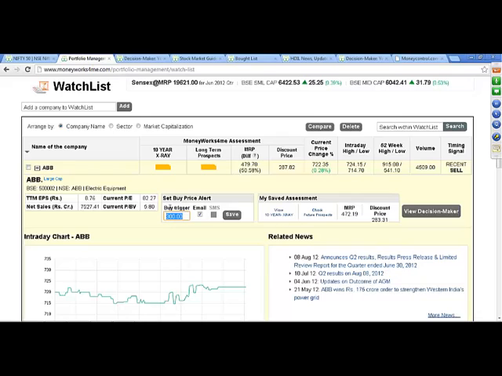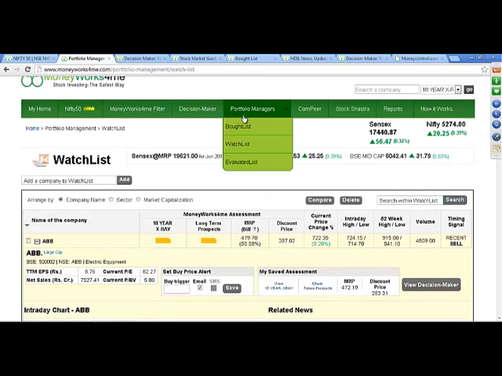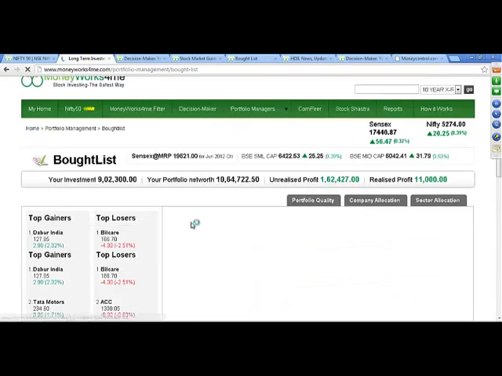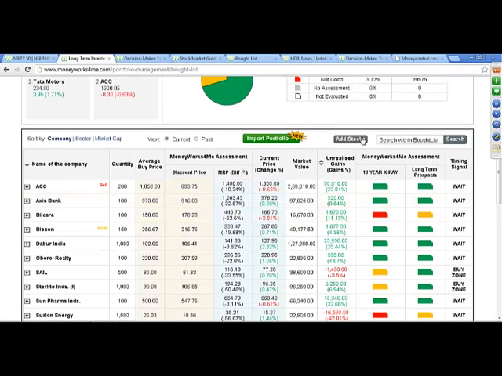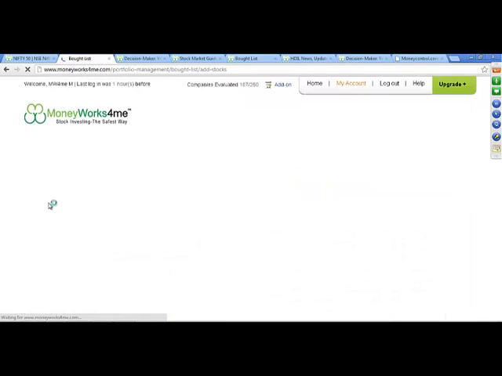So what I can do is just delete this. Okay, so my buy trigger has gone, right? And now if I have the stock in my bot list, I don't have it, but I'll just add it.